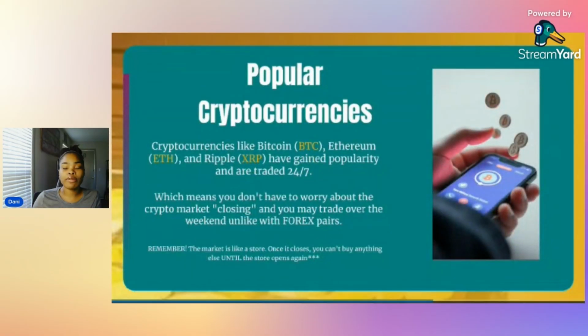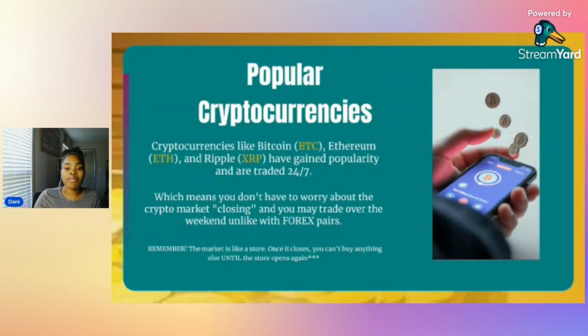So, your popular cryptocurrencies. Let's say that the major currency pairs, they're cool, but you're just not the biggest fan. You want to go for your bigger moves. You want to be where the big money is, the innovation. Most of my scientists, some of my healthcare workers as well, they prefer to trade the cryptocurrencies simply just because of what it represents.